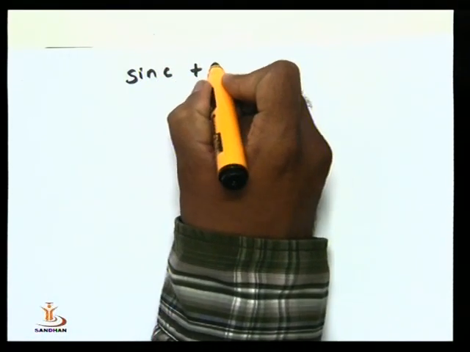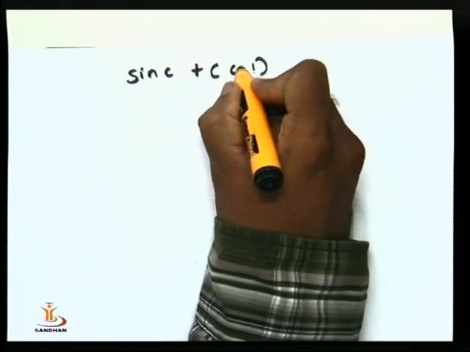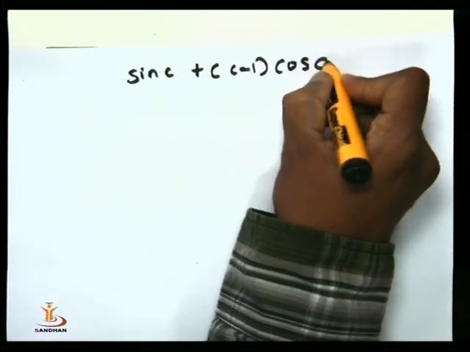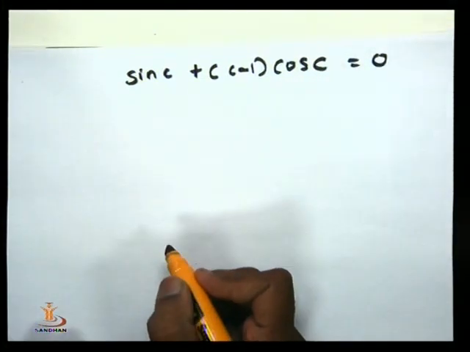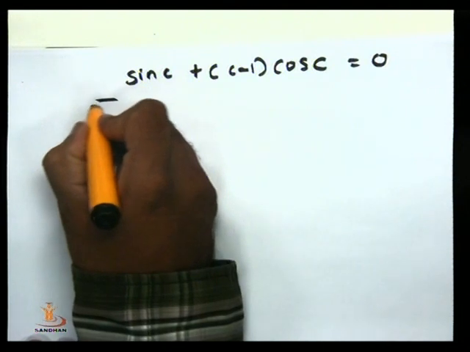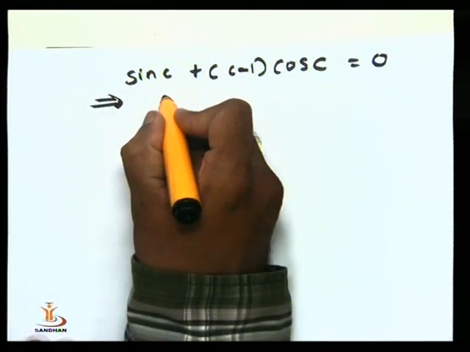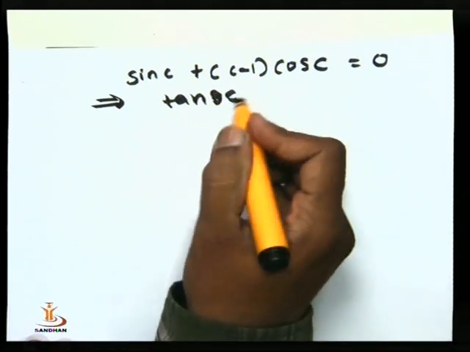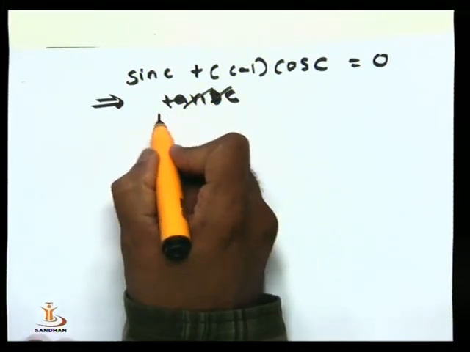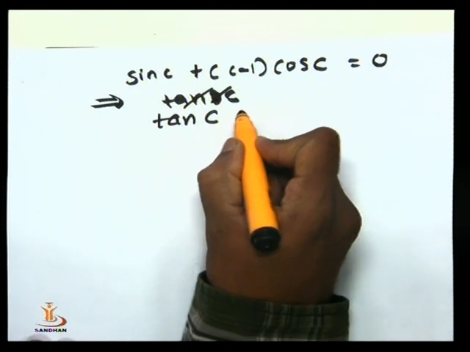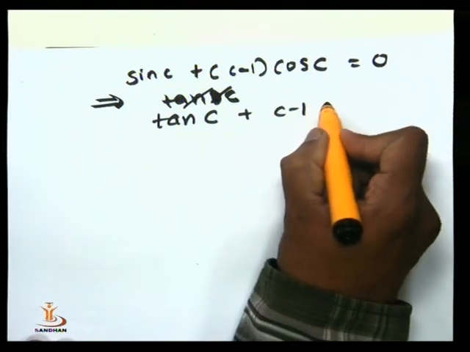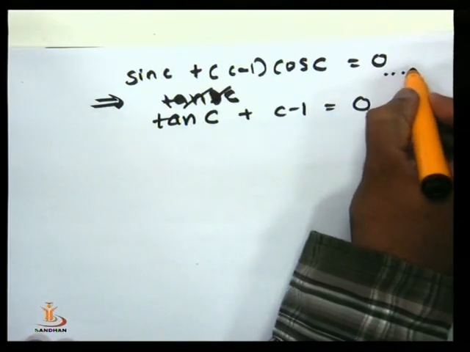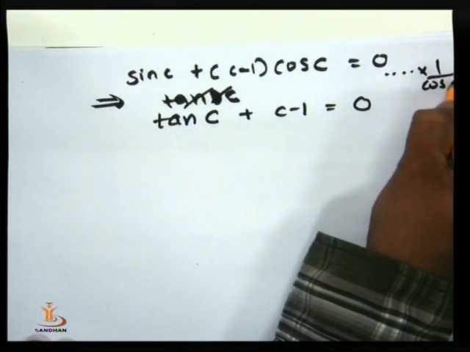Again I am rewriting that equation. The last equation which was obtained was sin c plus (c minus 1) into cos c is equal to 0. And then if I divide by cos c, I will get tan c plus c minus 1 is equal to 0.